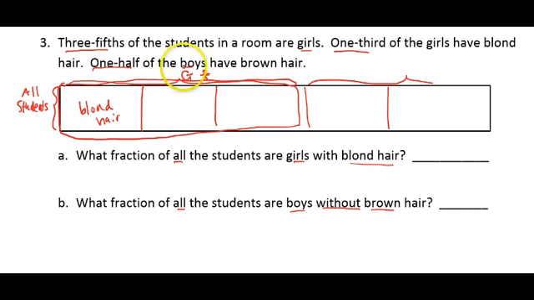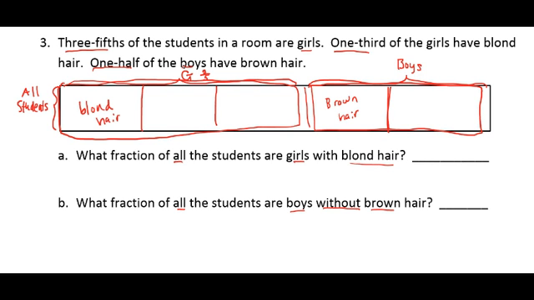Well, this part of the tape represents the boys, and 1/2 of them have brown hair. So we'll show this piece as brown hair, because this whole section here is the boys. Half of it shows the brown hair.